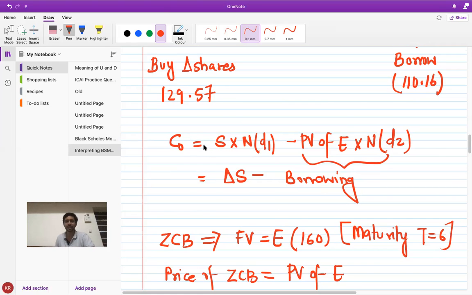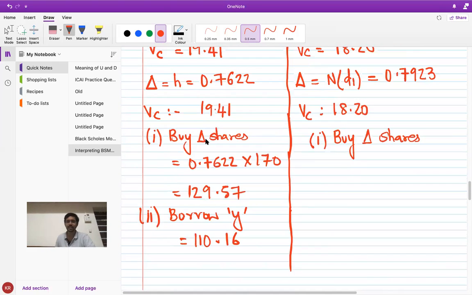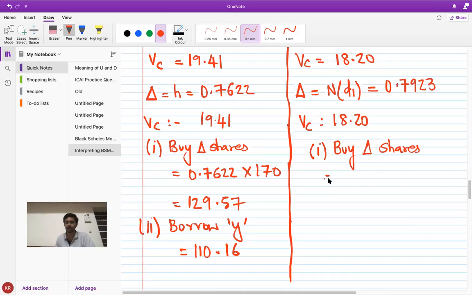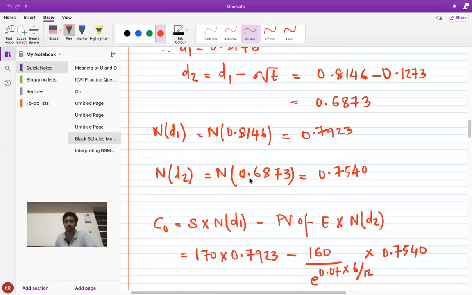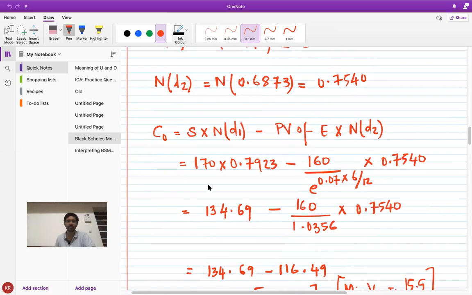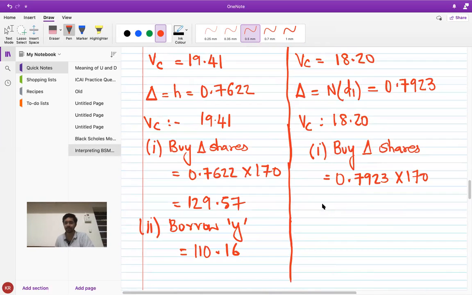It is 0.7923 into 170. We calculated the same value in the previous one. So 170 into 0.7923, I've written it as 134.69. The difference between 129 and 134 is because of the change in delta. That is the only change, because the current share price is the same under both binomial and Black-Scholes.